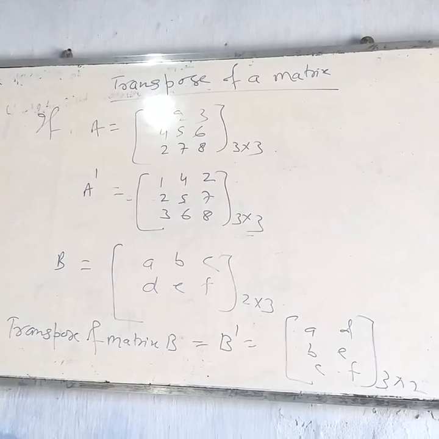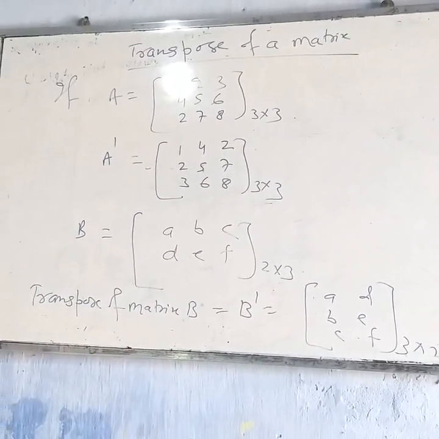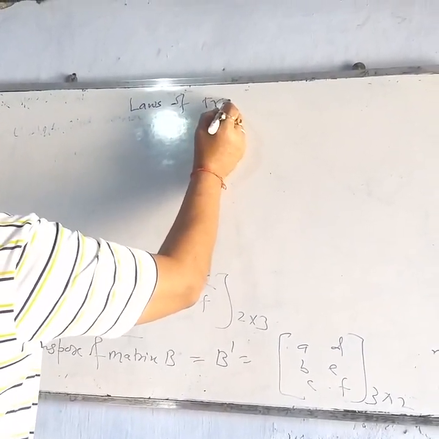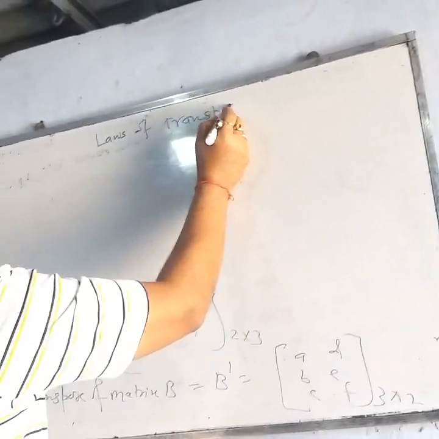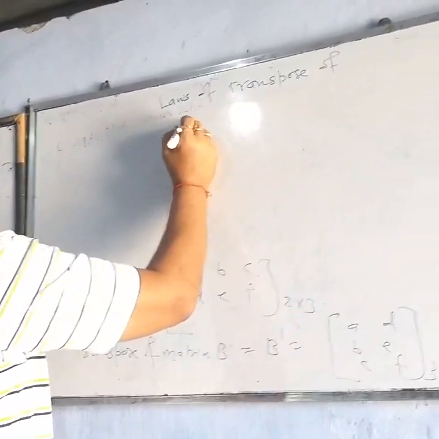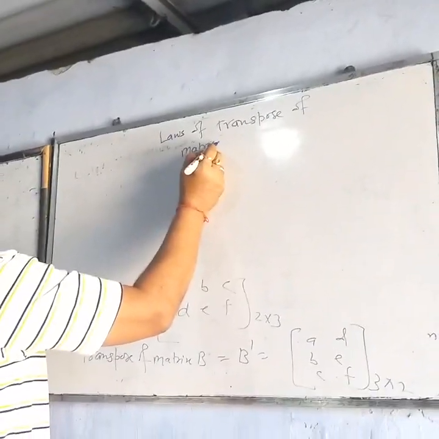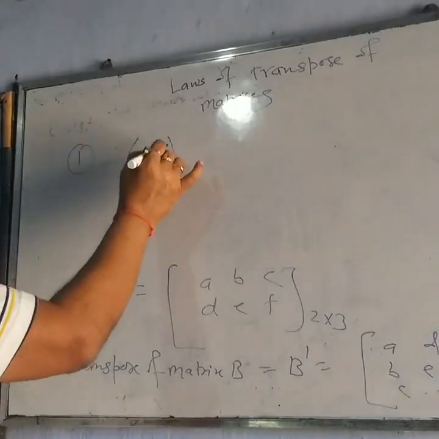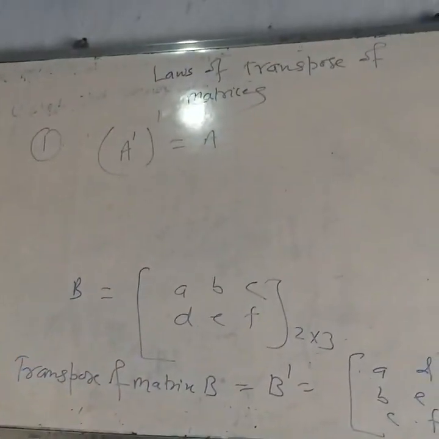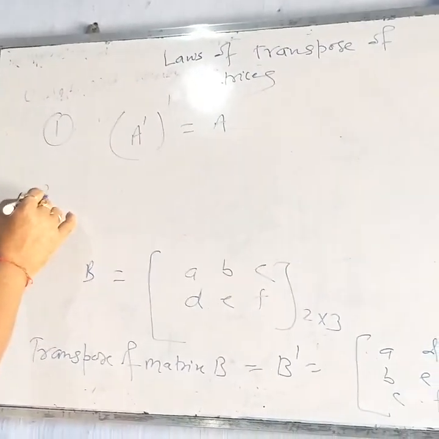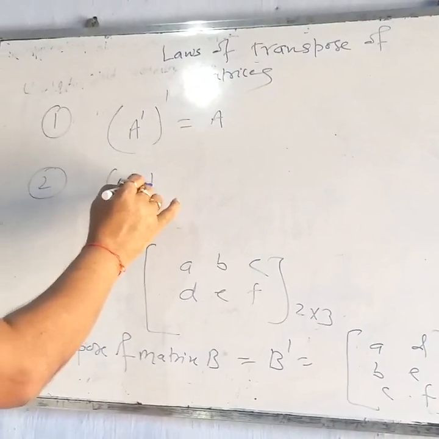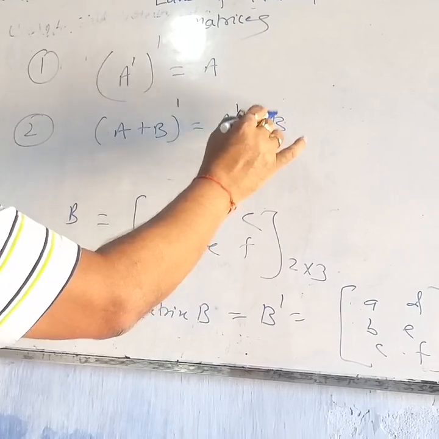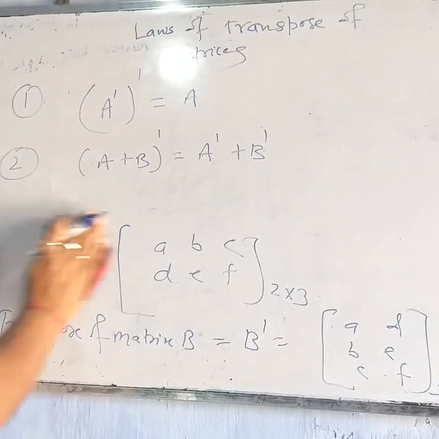Now in this transpose there are certain laws of transpose of matrices. First, (A transpose) transpose is A. It is the first law. Second, (A + B) transpose is equal to A transpose + B transpose.